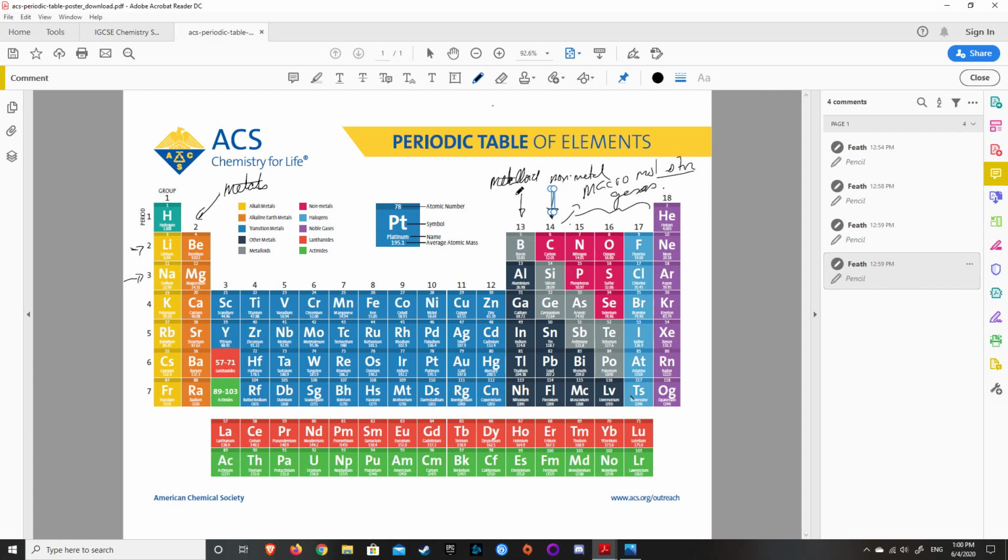But then we get to boron. We're getting away from metals, so we can't really talk about metallic bonding anymore. Then we get to giant molecular structures, and we get to simple molecular structures.